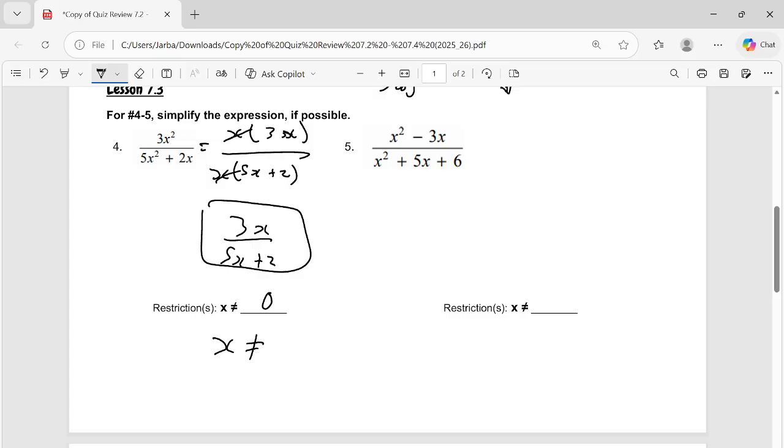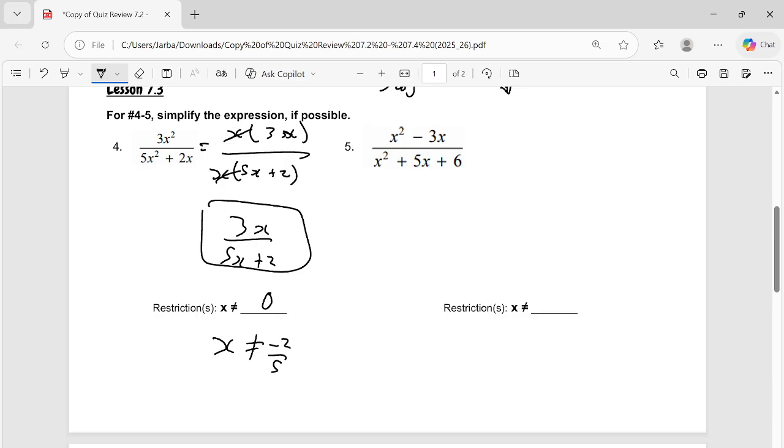Like here, when the denominator is 0, that's going to cause something over 0, which is always going to be undefined. So we want to find where that's equal to 0. So 5x plus 2 equals 0. That means that x is equal to negative 2/5. So that means x can't be negative 2/5, because that would be a 0 of the denominator, which would lead to it being undefined, right?